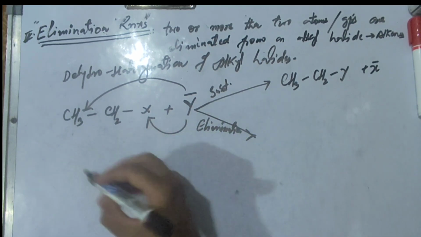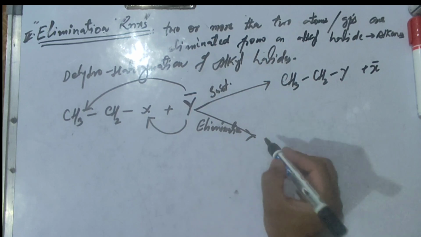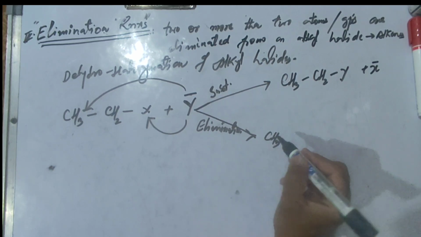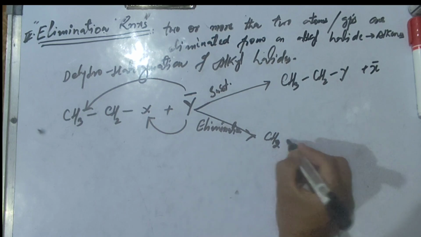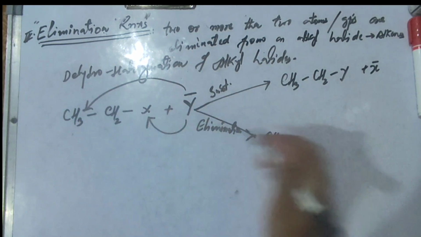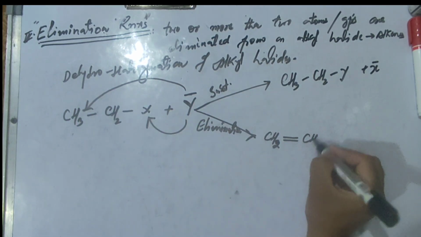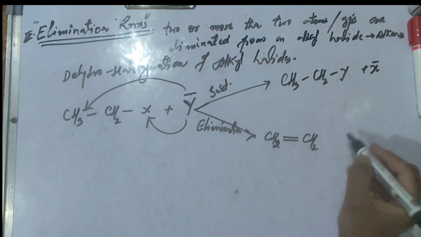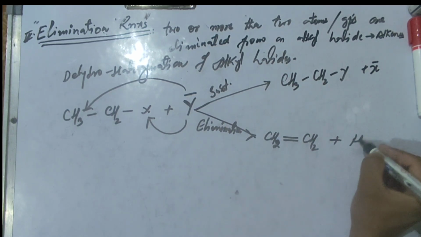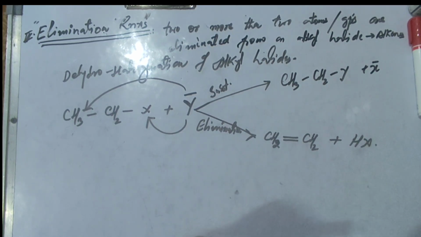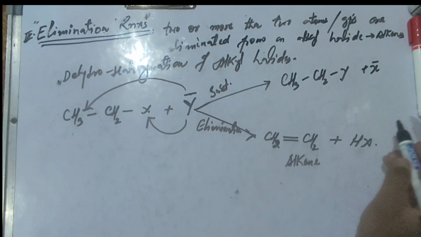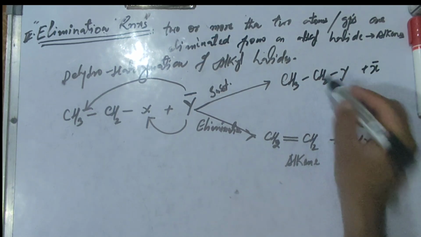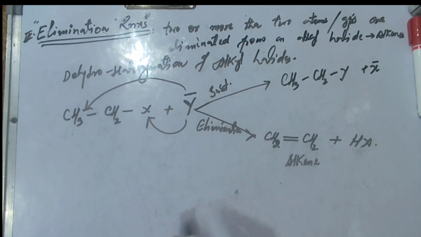So what we will get at that time is simply CH2=CH2 plus HX. So in this case we have an alkene, while in the other case we have a substituted product.